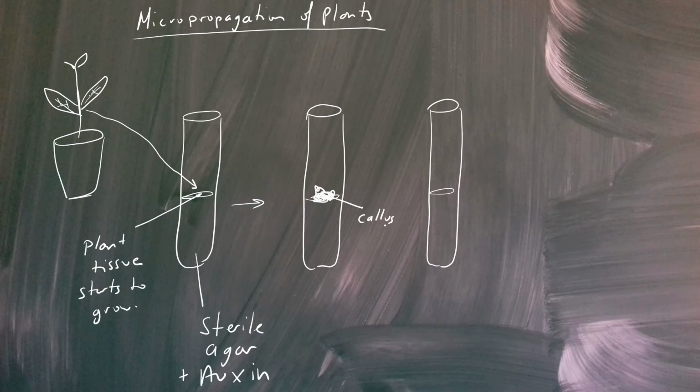This callus doesn't really look like the plant, but it starts to grow. It's kind of like a lump of plant cells. And then what we will see later on is that this callus will start to slowly grow roots and leaves. And a plant starts to grow.